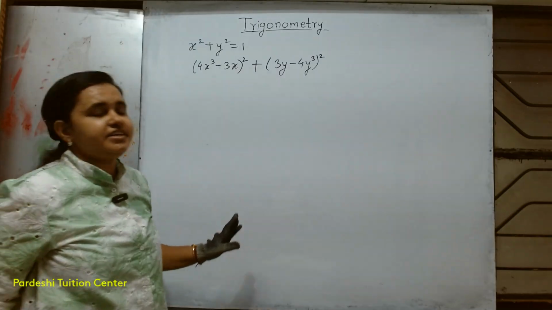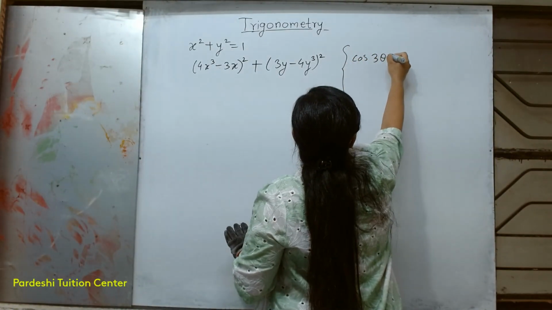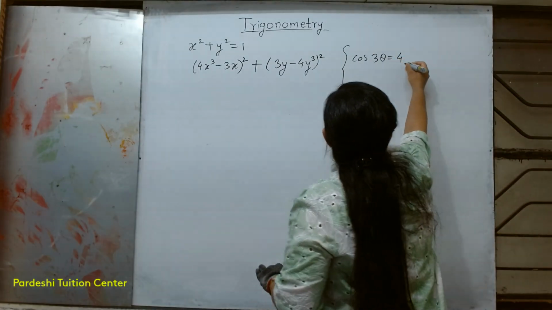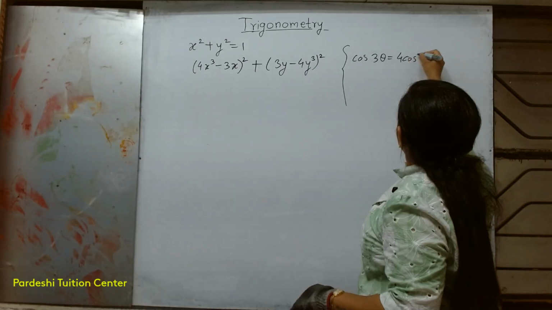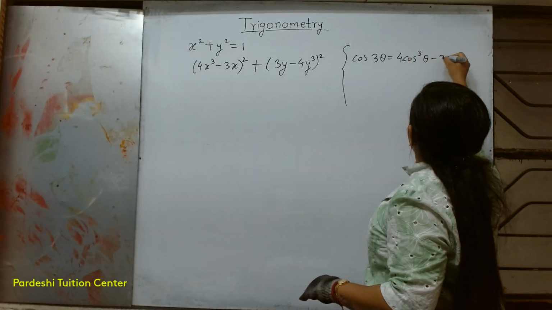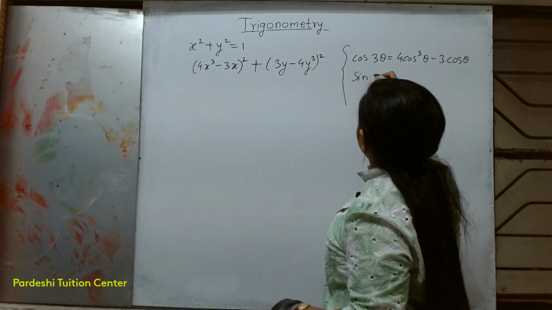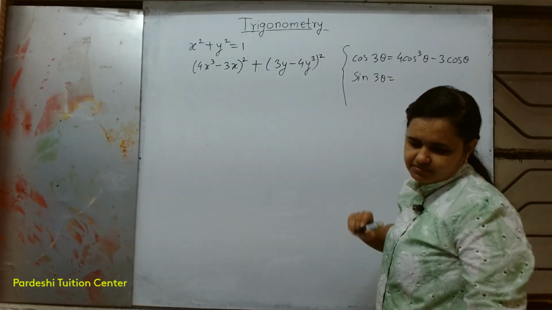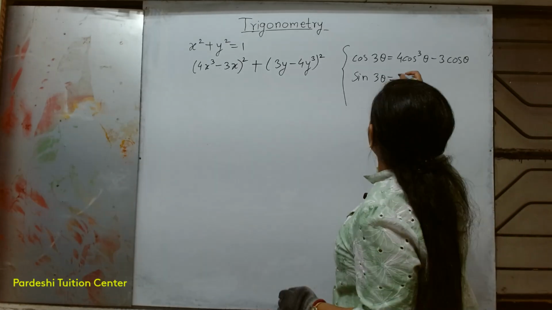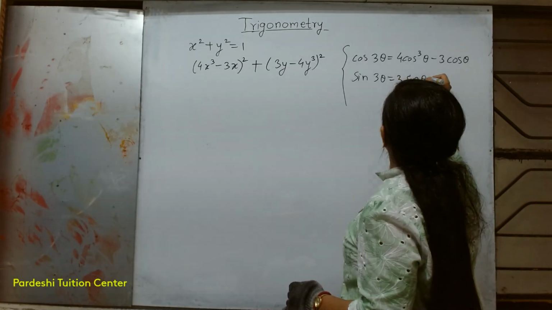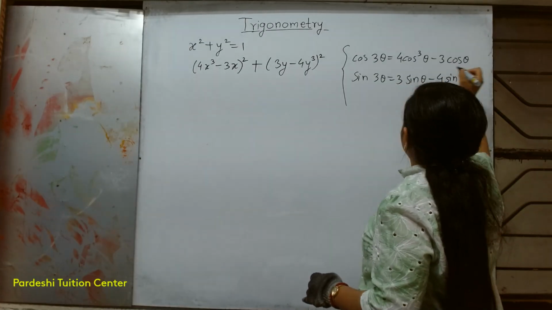Formula for cos 3 theta was 4 cos cube theta minus 3 cos theta, and sin 3 theta was 3 sin theta minus 4 sin cube theta.